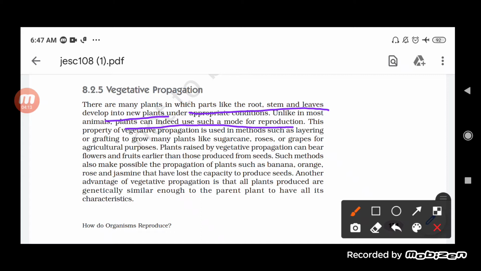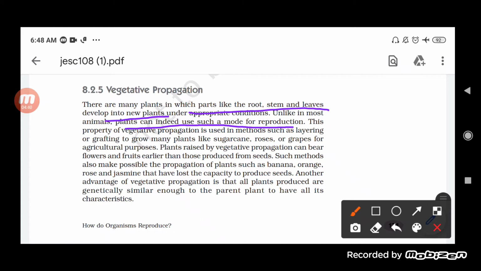In vegetative propagation, new plants are obtained. Obviously it is a kind of asexual reproduction, in which new plants are obtained from a part of the old plant, without the help of any kind of reproductive organ.